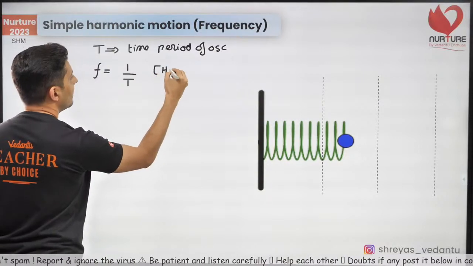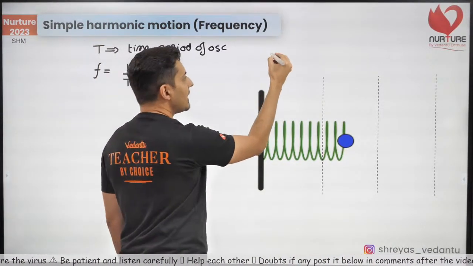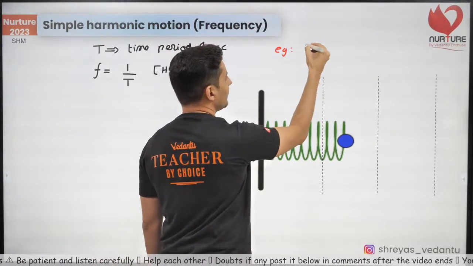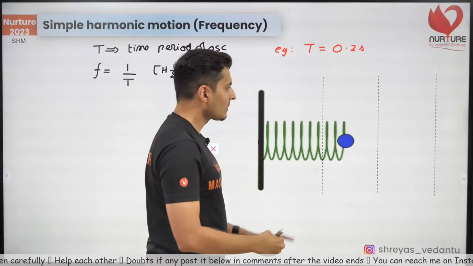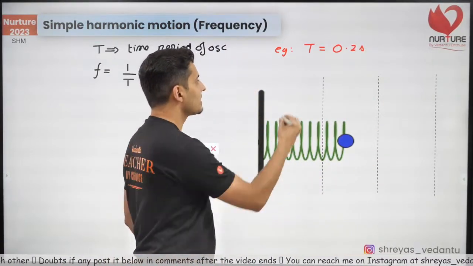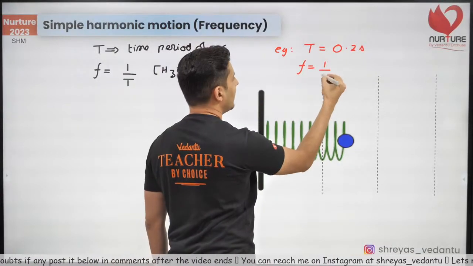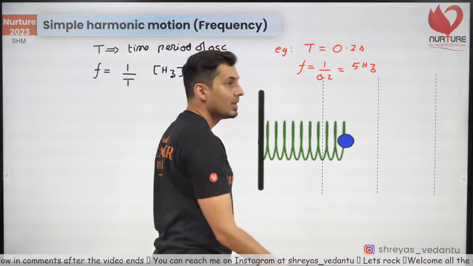It is hertz. Just to give you a numerical example, imagine the time period of a certain oscillation is 0.2 seconds. It takes just 0.2 seconds to complete one round. Then the frequency will be 1 by 0.2, which is 5 hertz.